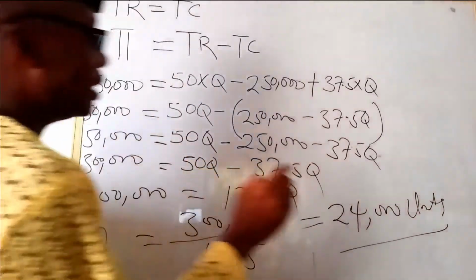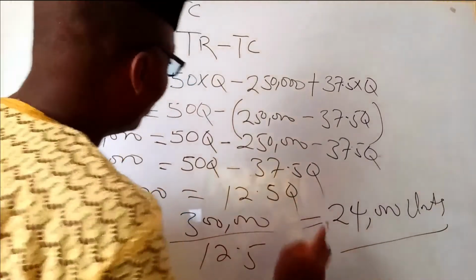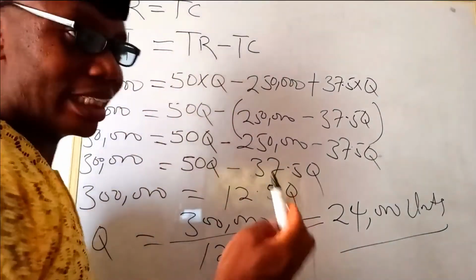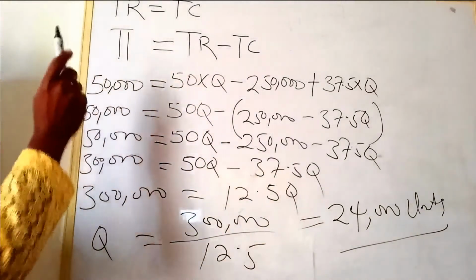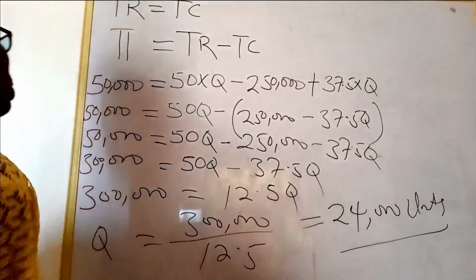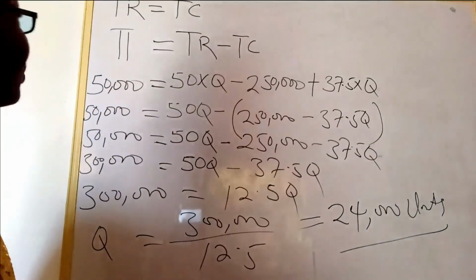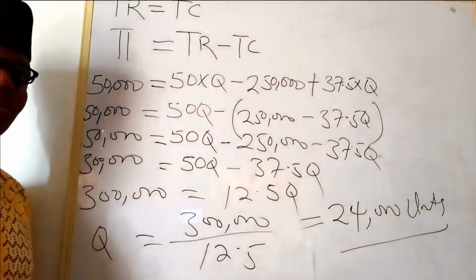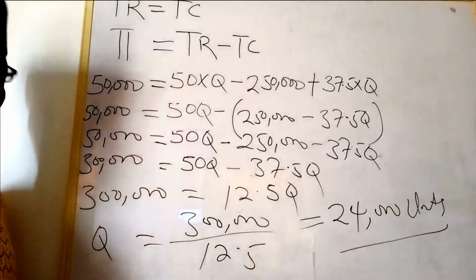So this is the number of units that must be produced in order to get the smallest profit of 50,000. You have to produce 24,000 units. So that is the answer to the second part of the first question. I hope we got this all right.